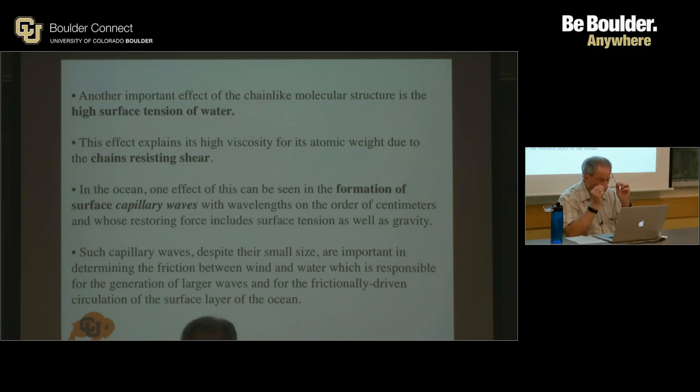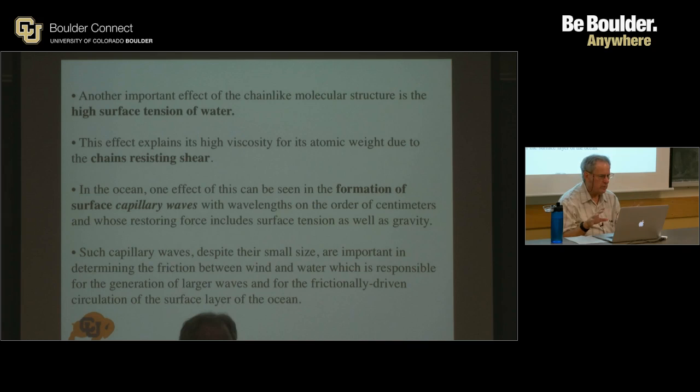Okay, I talked about this last time. Another important effect of the chains in the molecular structure is that it gives water a high surface tension. And it's this surface tension that is actually the source of the momentum transfer from the atmosphere to the ocean.